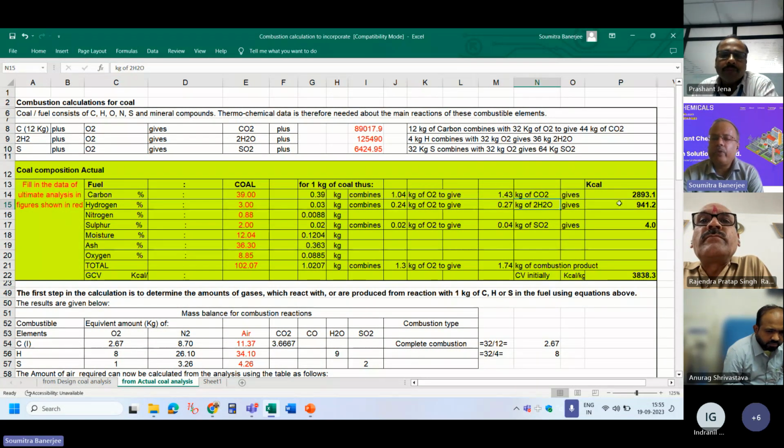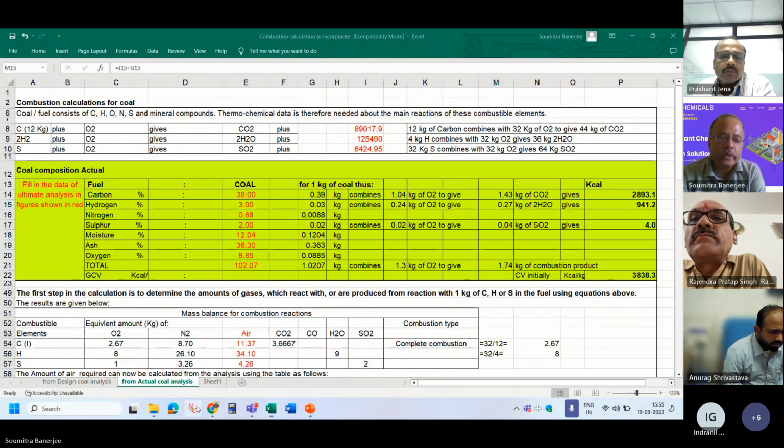It has already given 941.2 kilocalories. Now 0.27 kg of H2O, if you calculate by steam table, how much enthalpy will 0.27 kg of H2O carry?